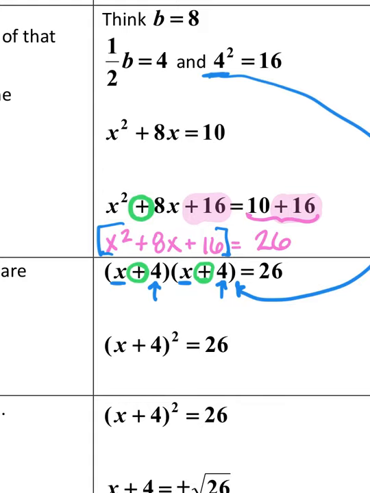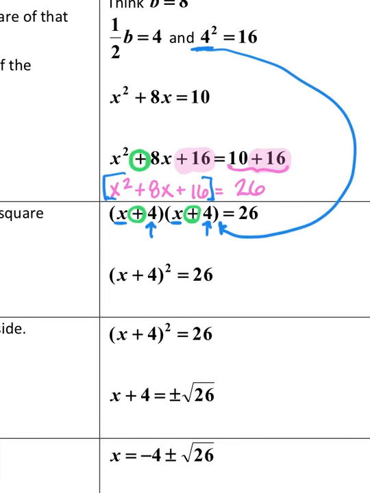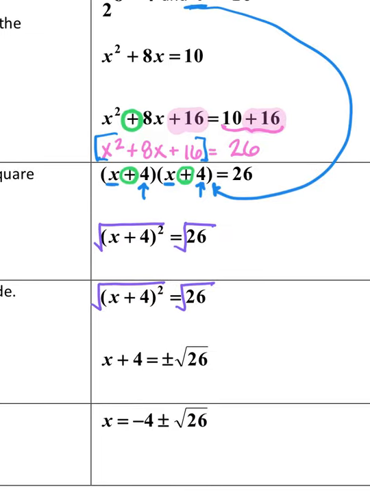And we've done this before. So in order to solve this, we're going to take the square root of both sides so we can get x plus 4 by itself. So again, take the square root of this and the square root of that, and we get x plus 4 equals plus or minus radical 26.